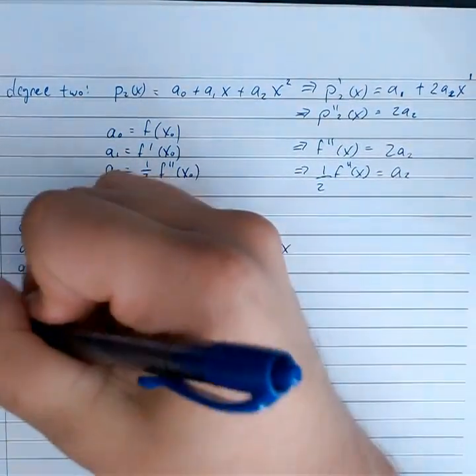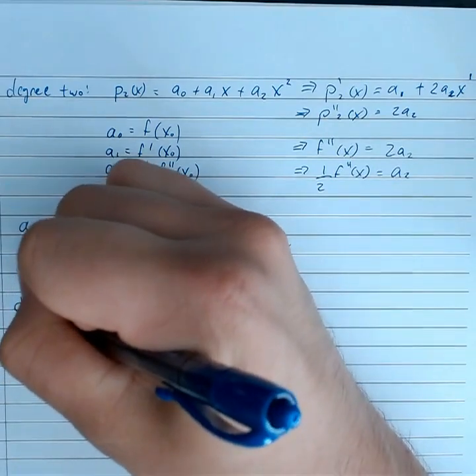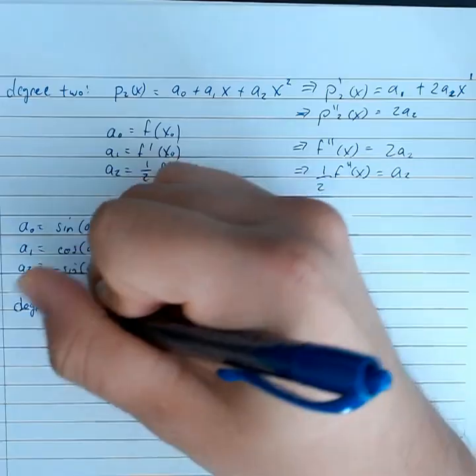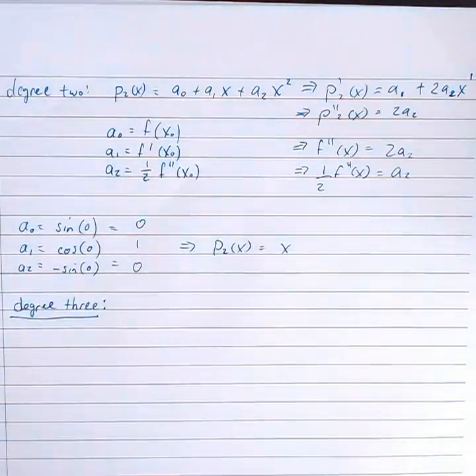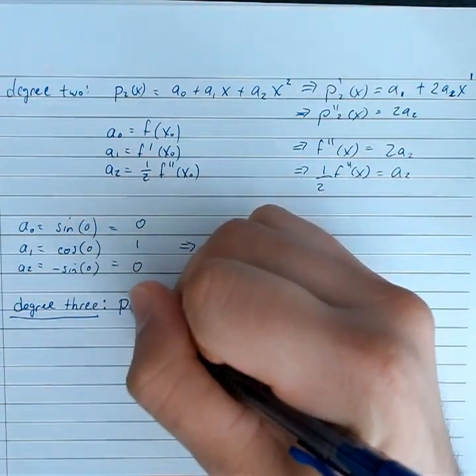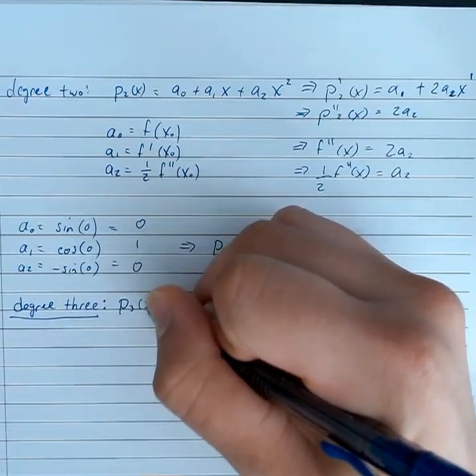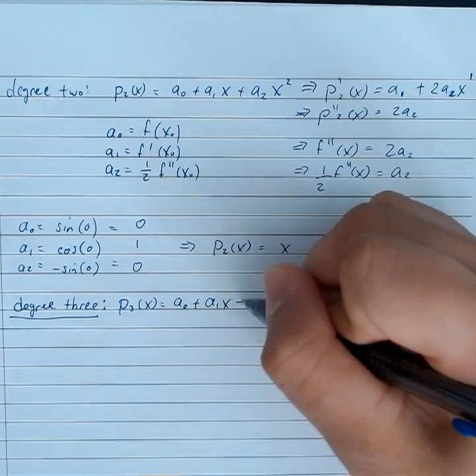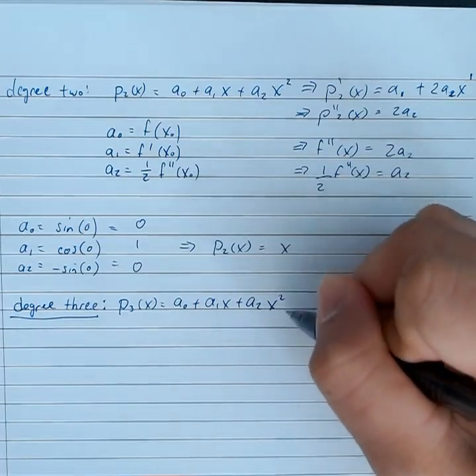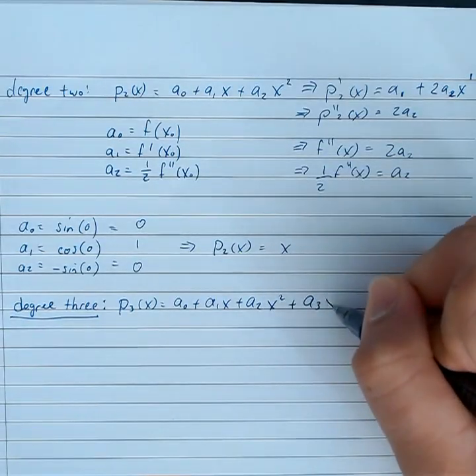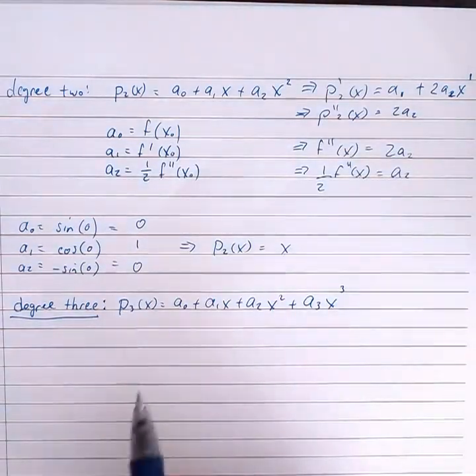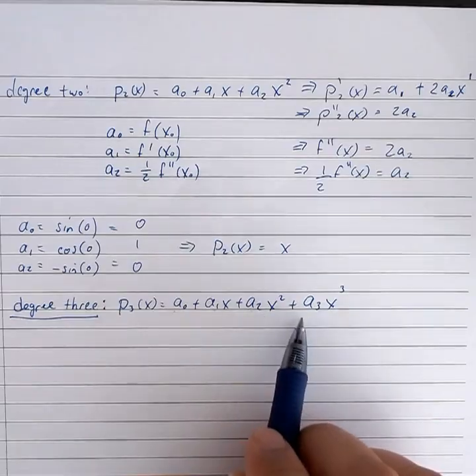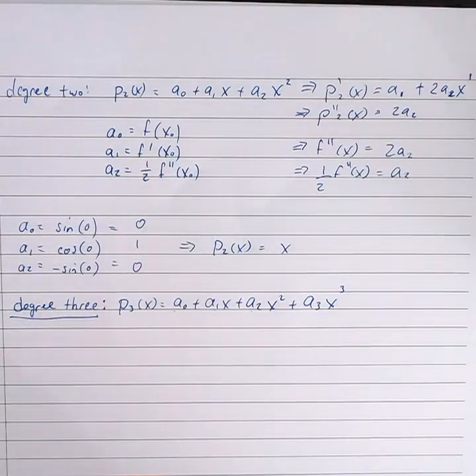We're getting to that. So finally, let's take a look at answering our final results. Let's take a polynomial function of degree 3. Well, that's p sub 3 of x equals a sub 0 plus a sub 1x plus a sub 2x squared plus a sub 3x to the third. Right? And we need to find out what a sub 0, 1, 2, and 3 are to get our third degree polynomial.